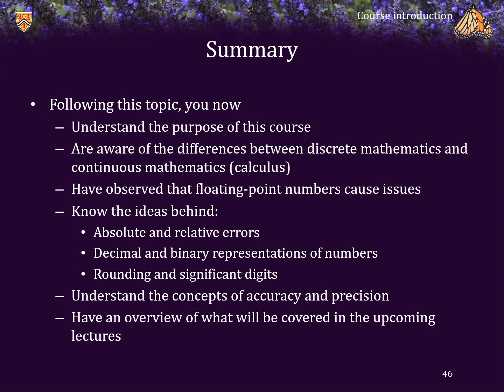You know the ideas behind absolute and relative errors, the decimal and binary representations of numbers, the ideas of rounding and significant digits, and you understand the concepts of accuracy and precision. You also have an overview of what will be covered in the upcoming lectures and the balance of this course.